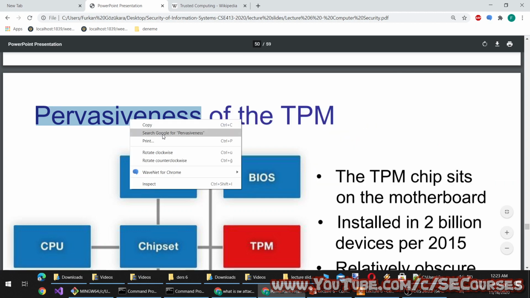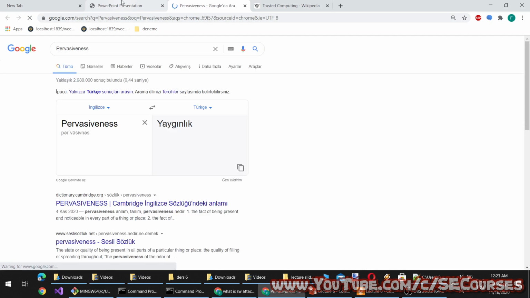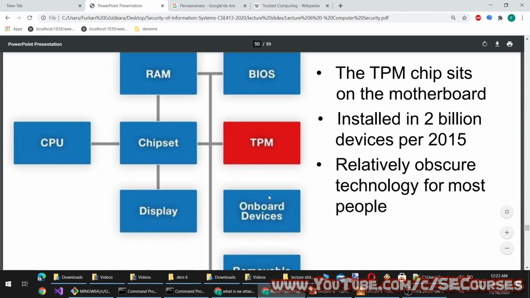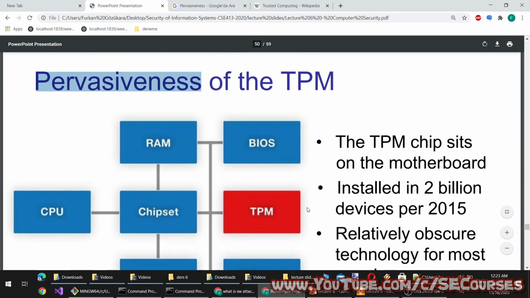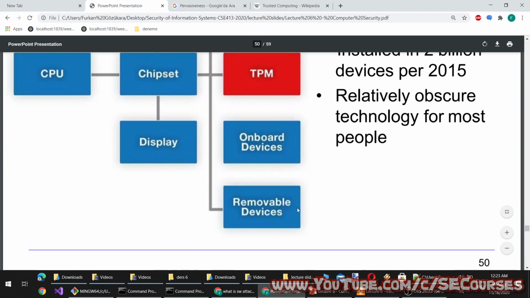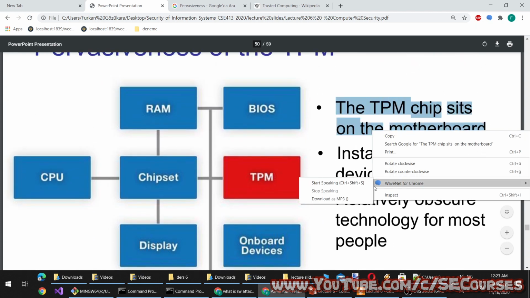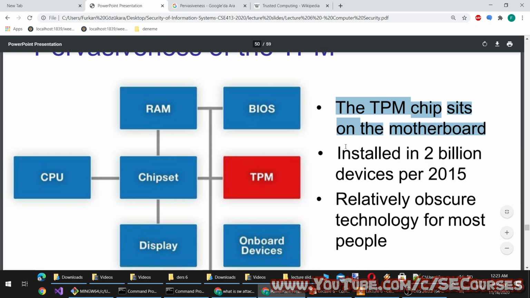Pervasiveness of the TPM. Okay, there is CPU, RAM, chipset, display, BIOS, TPM, onboard devices, removable devices. The TPM chip sits on the motherboard.